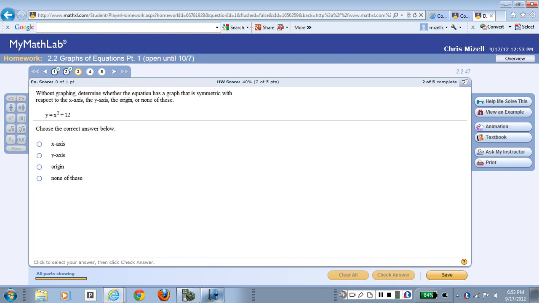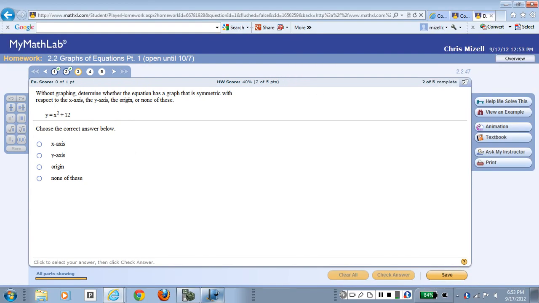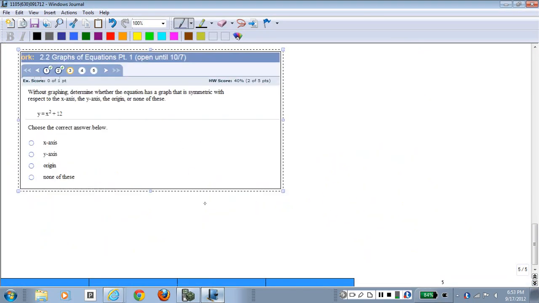Procedure for testing an equation for symmetry. And basically just a little bit of the rationale that would have been discussed in the videos. How to do this, why it works.